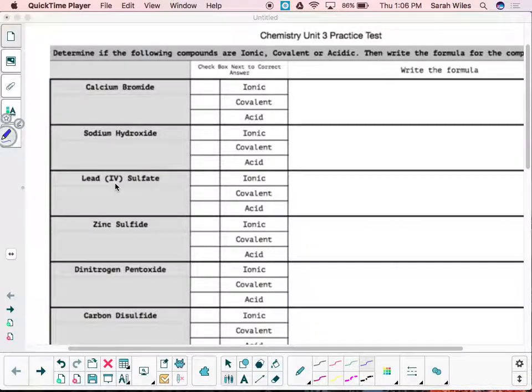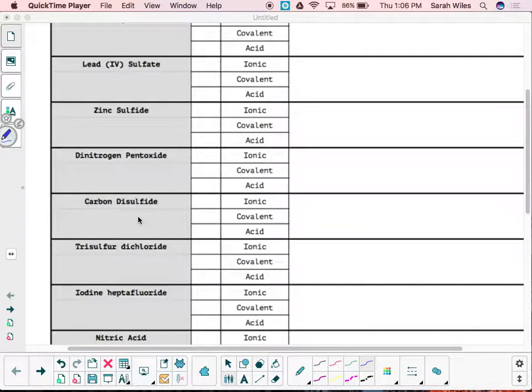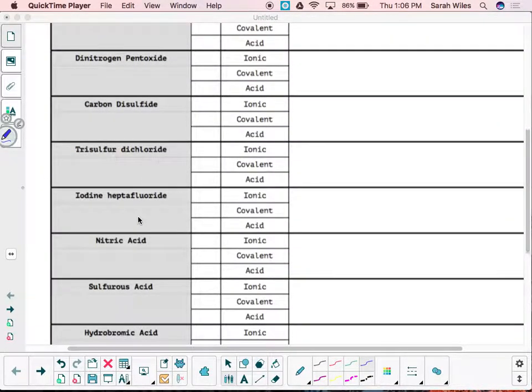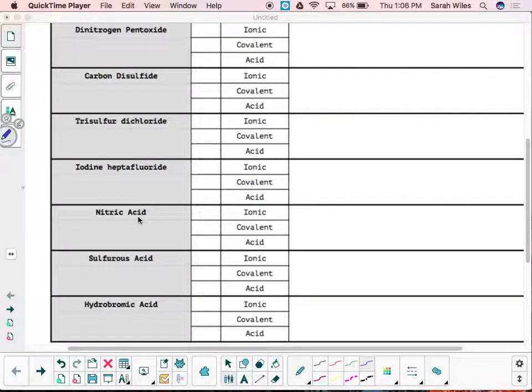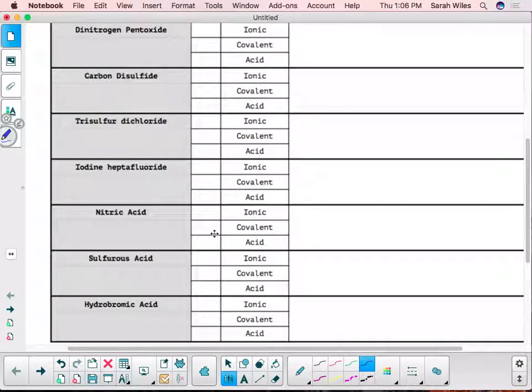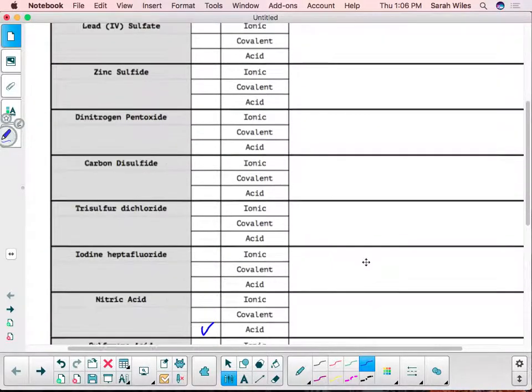So first, just like I did with going from formulas to names, I'm going to knock out my acids. Acid, acid, acid, acid, because I told you they were acids. Like, I love you, take the hint. It's a big hint, take it.